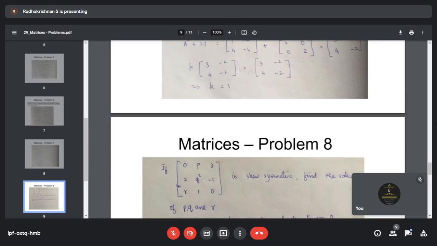So just by looking at this we can say p has to be equal to minus 2, r has to be equal to minus 3 and q has to be equal to 0.